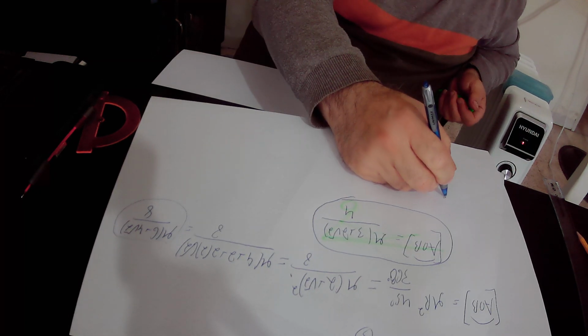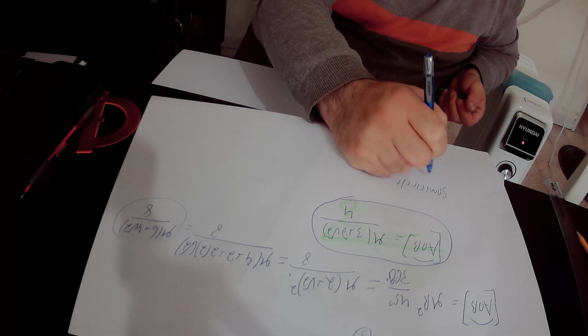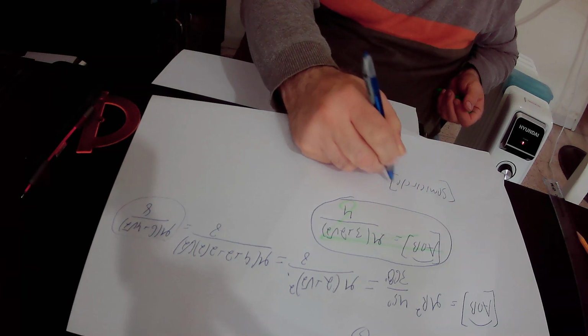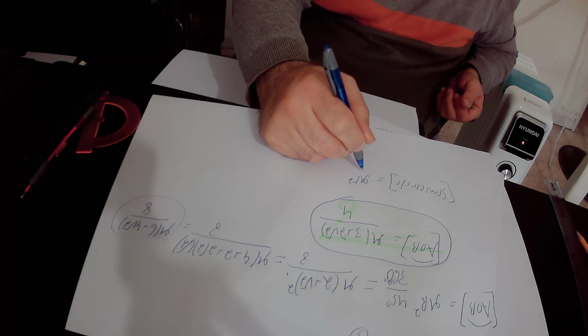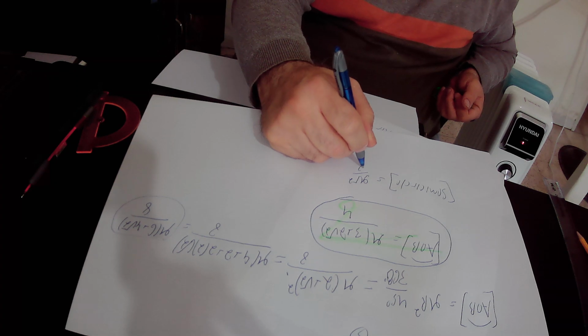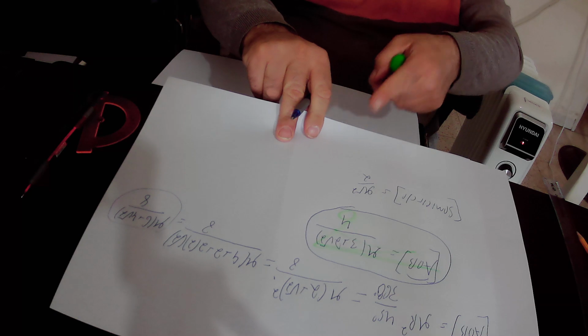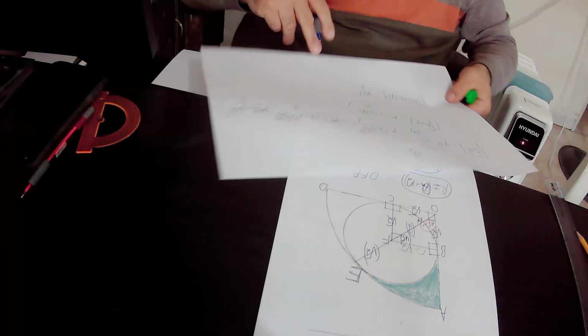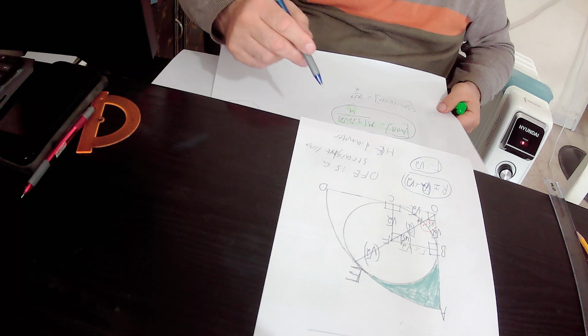So what is the area of the semicircle? The area of any circle is pi r squared, small r. If we divide the area of the circle by 2, we get the area of the semicircle. So the area of the semicircle equals pi r squared over 2.